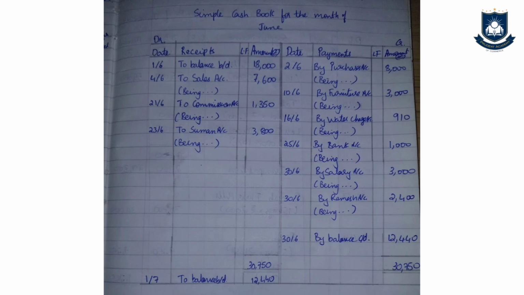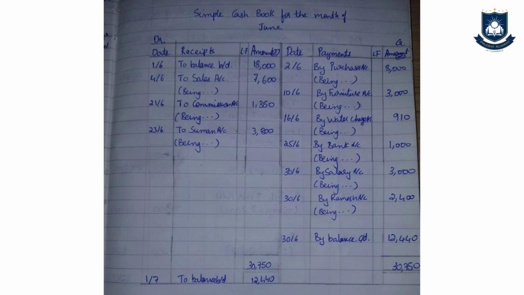Then 25th June, deposited into bank rupees 1000. Now if we deposit in bank, the balance in our cash box, or the balance of cash in our pocket, will go down, so we should write it on the payment side.